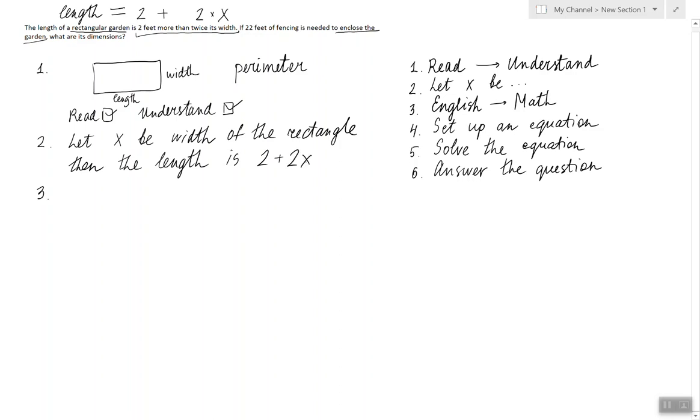We continue translating because the goal here now is to set up an equation. And to set up an equation, we have to relate the known quantities to unknown quantities. And that's when the understanding of what perimeter is comes handy.